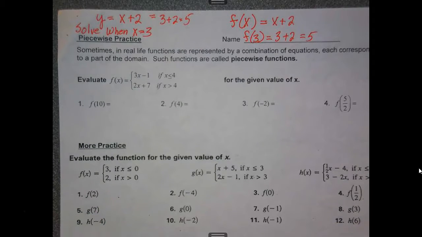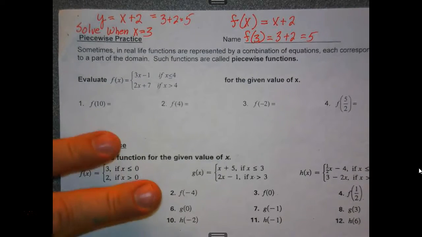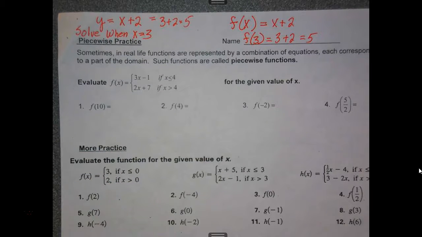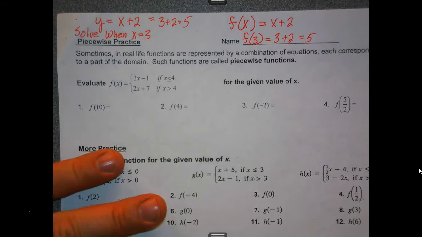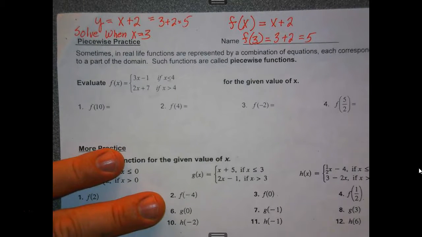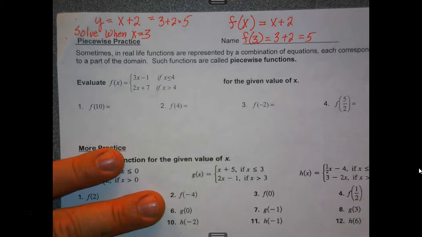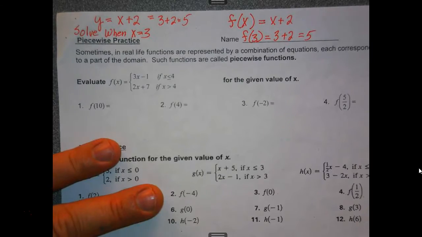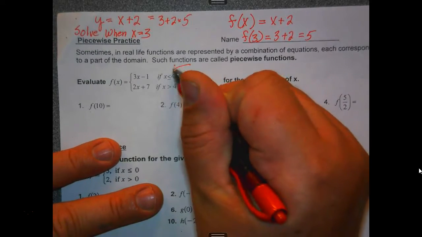All right, we're going to do the same thing with piecewise functions. We're going to evaluate the expressions, actually their equations, but this time we're going to put some domain restrictions on them.